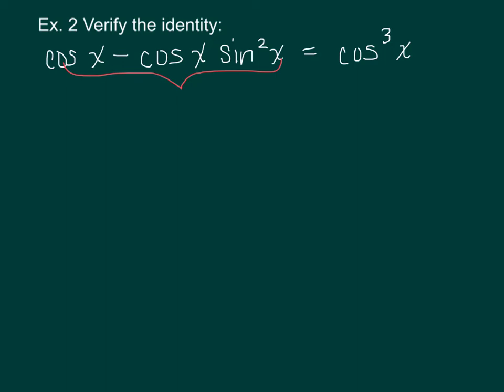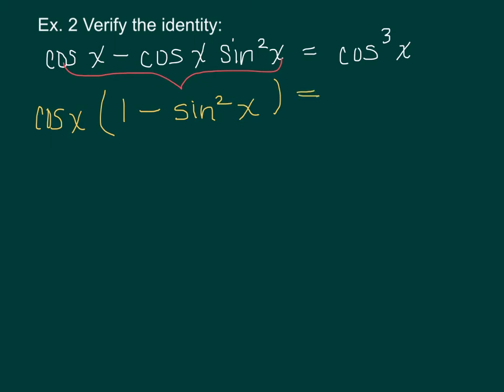And you have to always be logical about these and look and see what you see. And what I notice is both terms have a cosine x. So I'm going to factor out a cosine x. It's like you're doing backwards distributing. And you're left with 1 minus sine squared x.